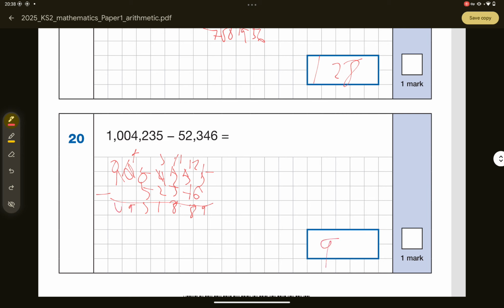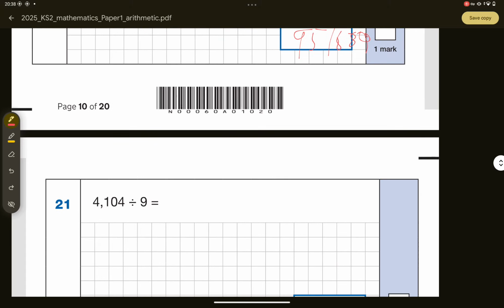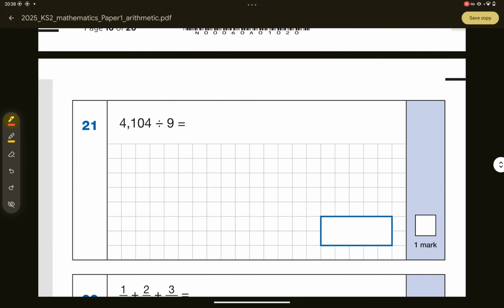So 0 there, so 9, 5, 1, 8, 8, 9. So if they can't read your handwriting, by the way, you wouldn't even get a mark. So do bus stop method for this one if you are struggling.